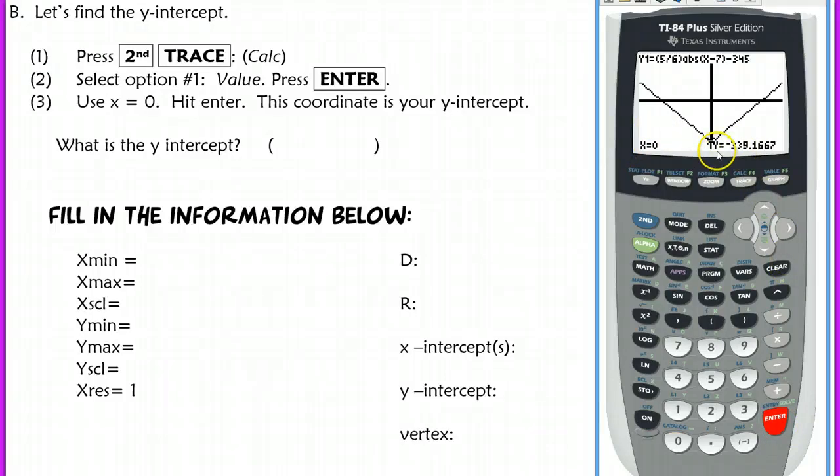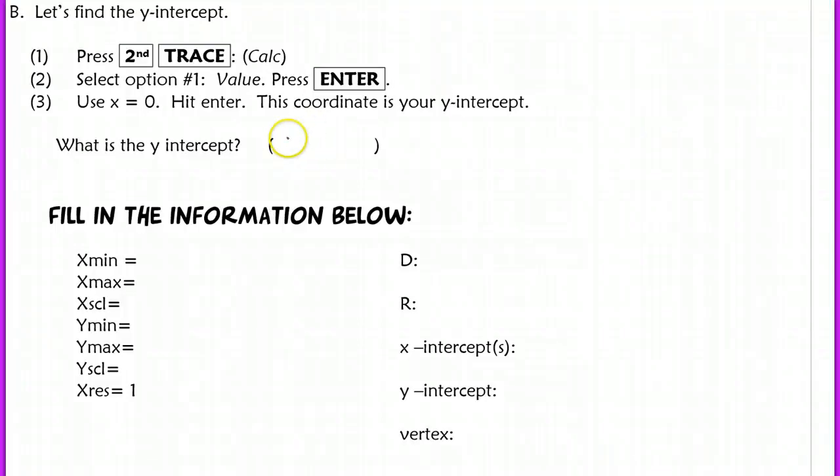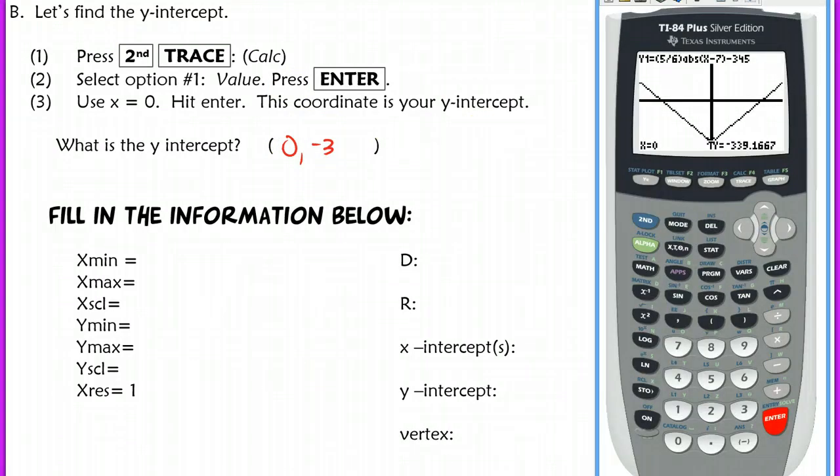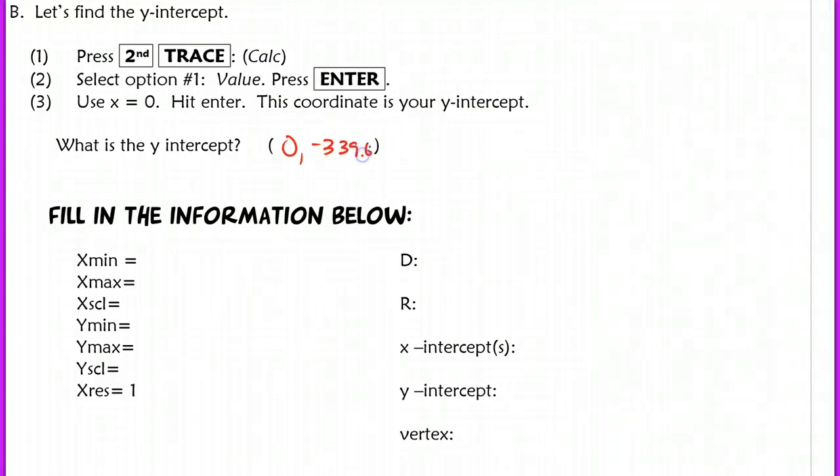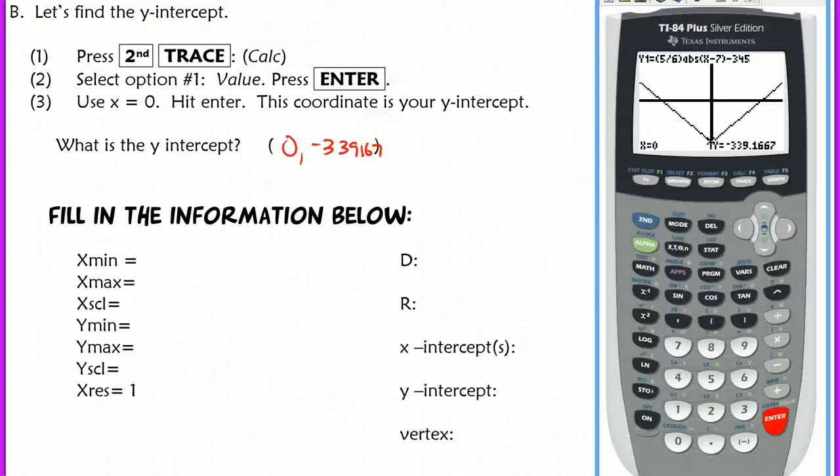So at x equals 0, we have negative 339.1667. So 0, negative 339.1667.